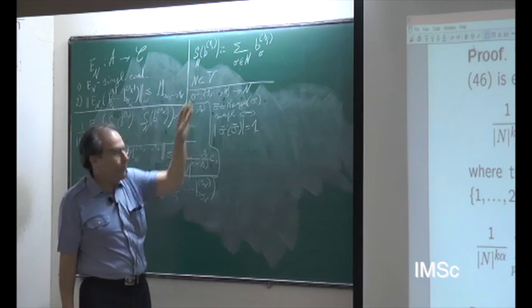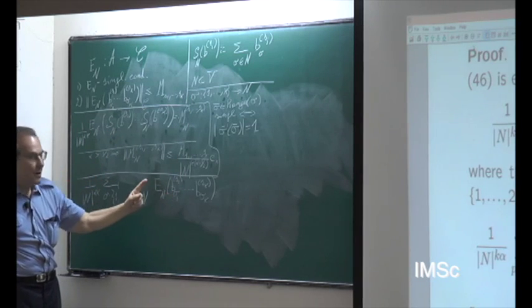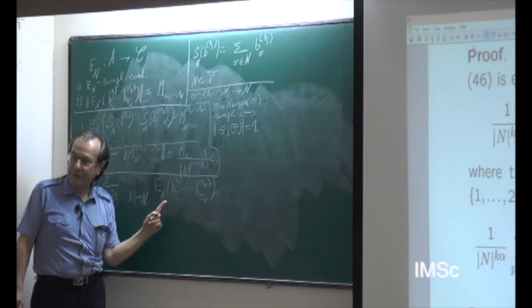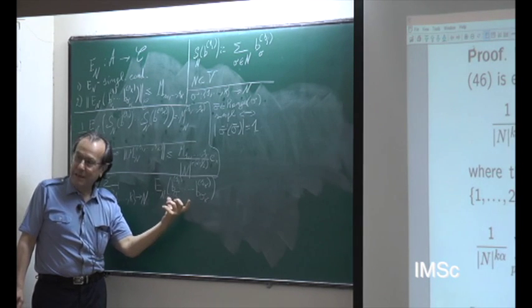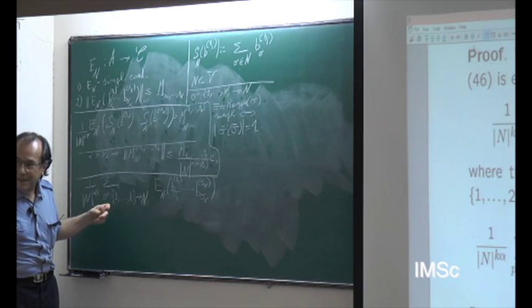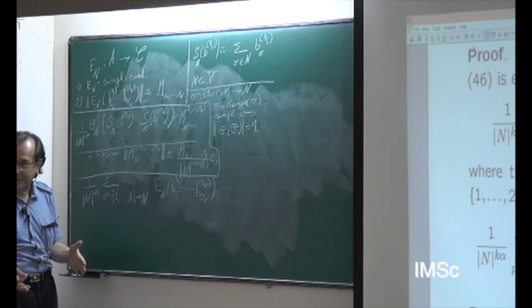So if we use the singleton condition that for all functions sigma which have a singleton, this is identically 0, this means that the cardinality of this sum will be drastically reduced.